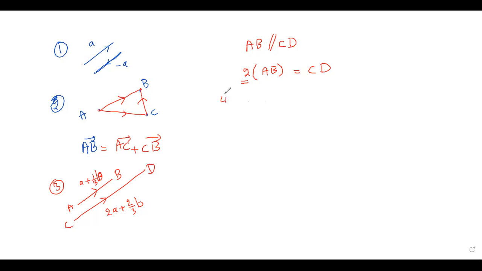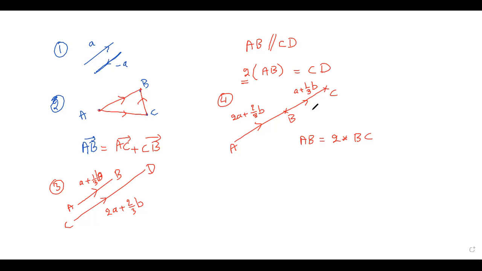Number four, if we have A, B and C, and AB is 2A plus 2 over 3B, and BC is A plus 1 over 3B, then AB is equal to 2 times BC, so one of them is a multiple of the other.